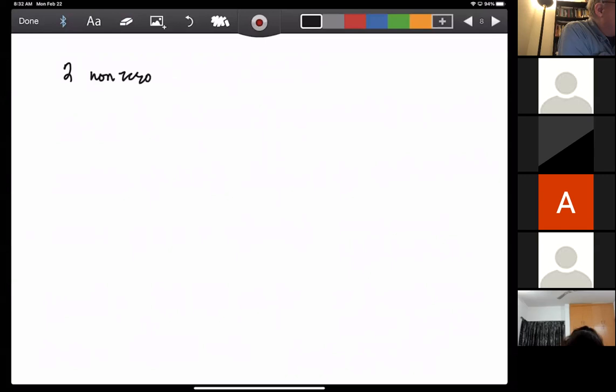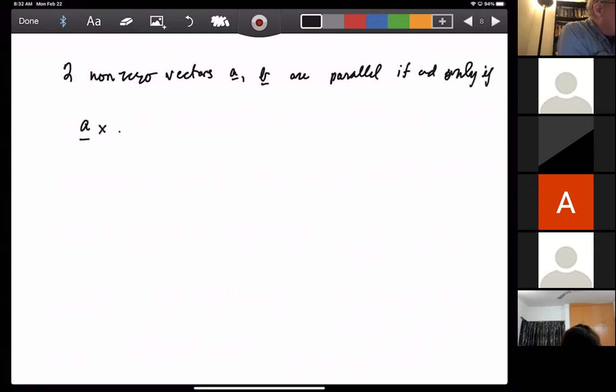Two non-zero vectors, A, B, are parallel if and only if A cross B is equal to the 0 vector. Okay, and if I want to leave this as a vector, I can leave it as a 0 vector. The only vector whose length is 0 is the 0 vector.